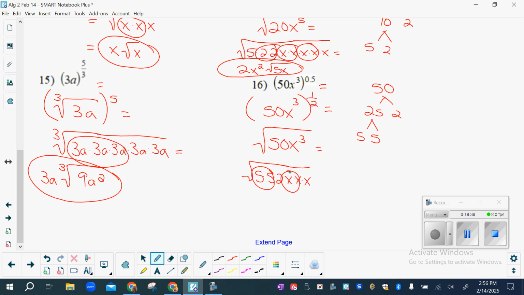So on the outside, let me write that again. So this simplifies to 5x times the square root of 2x.